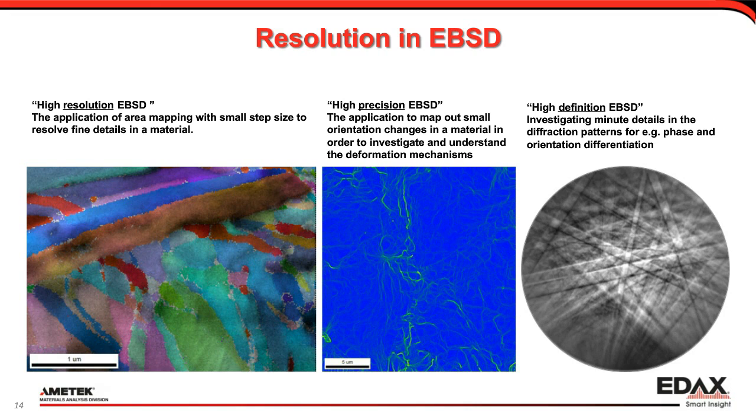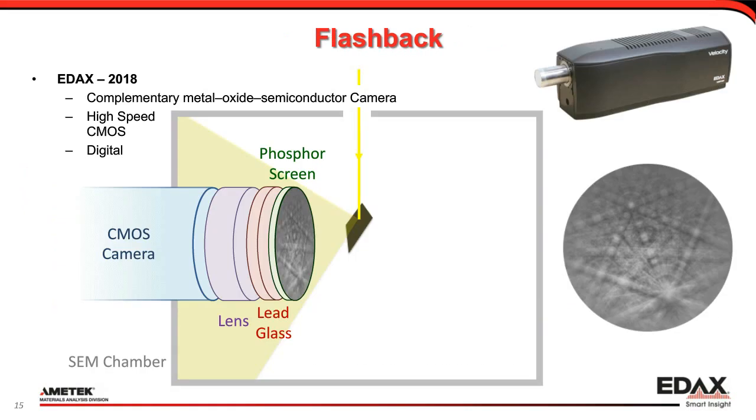Okay, now with that out of the way, let's go back to the last slide I just showed. There's the CMOS camera with the high speed. And what do all these detectors have in common? There is a certain amount of material between the layer where the light is generated to be detected in the camera and the sensor itself.